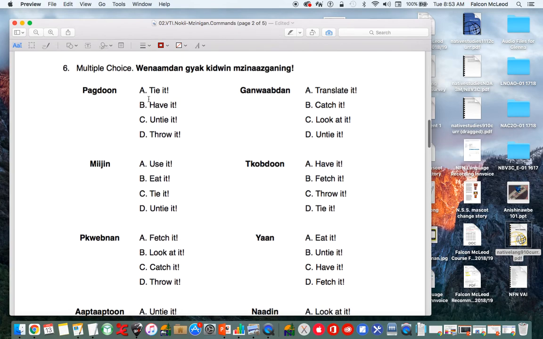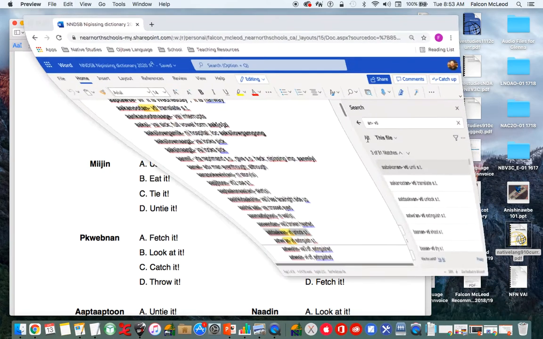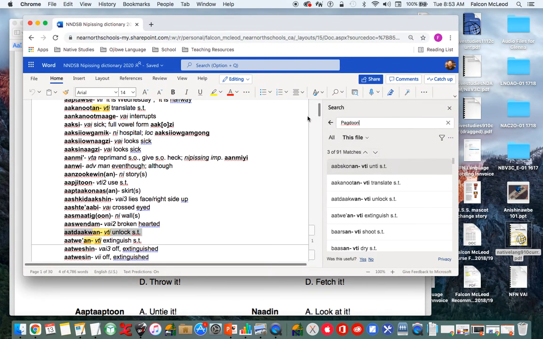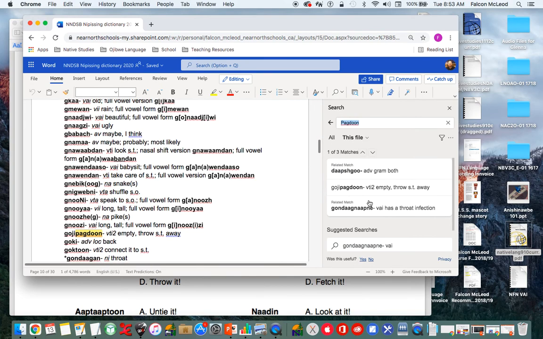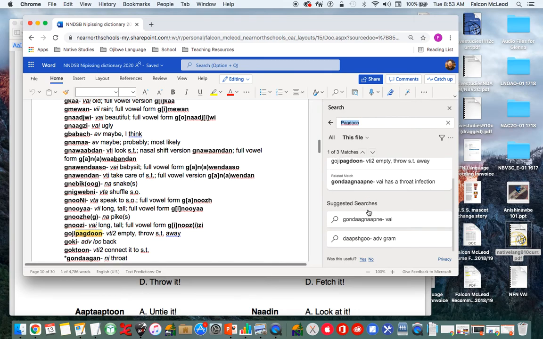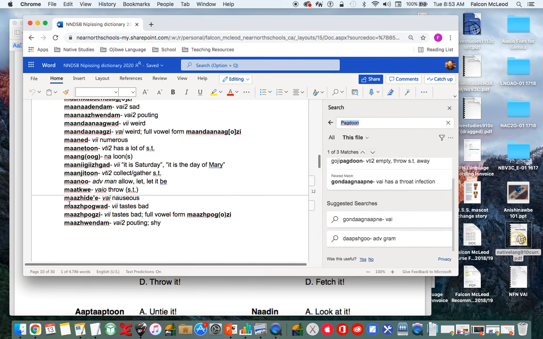All right, multiple choice. So match the word with the correct one here. So pugdone. If you don't remember what pugdone is, you can always look it up in the dictionary. Should remember it from our lesson though. I've said it about 1,000 times already. Let's see here. It's not popping up in the dictionary.